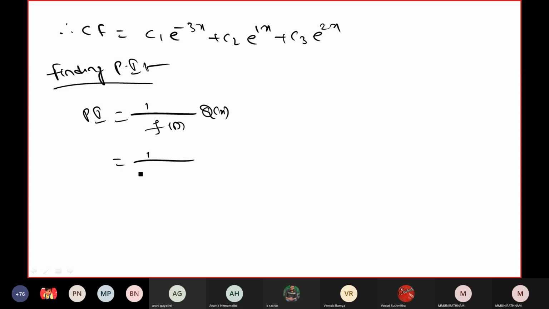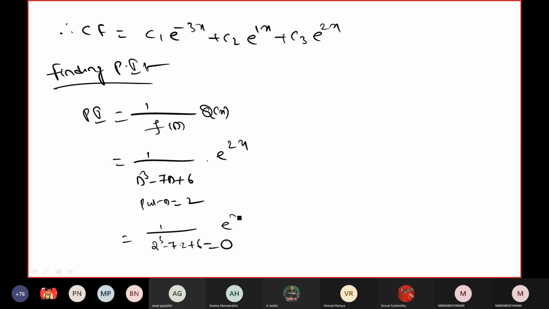What is PI now? Put D equal to 2. Obviously it will be 0, right? ఎందుకంటే 2 is the root of auxiliary equation. For that, what we have to do, replace D cube minus 7D plus 6 by f dash of D, and replace e power 2x by x into e power 2x.